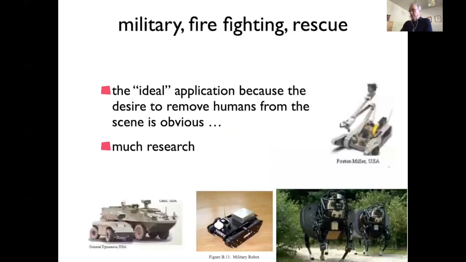And military robotics exists as a big field that is not so well known because most of the work is confidential or not done in universities, for instance. It's ideal as a technical application in that the need to remove humans from the scene is obvious, and the environment is difficult.